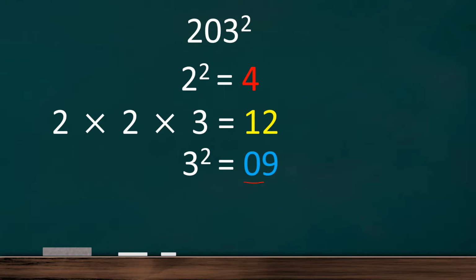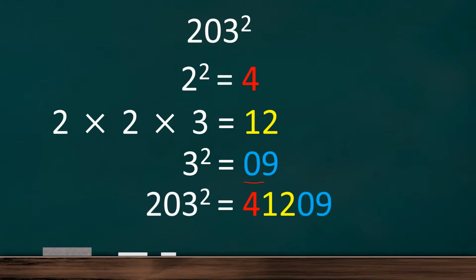And at this point, 9 has only 1 digit, so what do we do in this situation? Well, it's pretty straightforward. We just put a 0 in front of the 9. So we could just as easily write 203 squared is equal to 41,209.